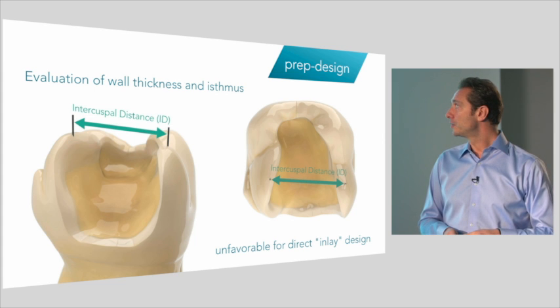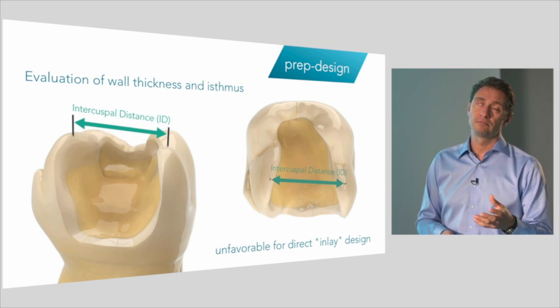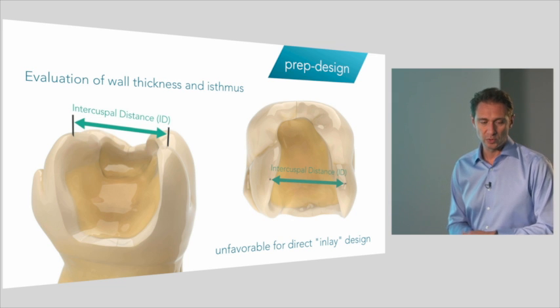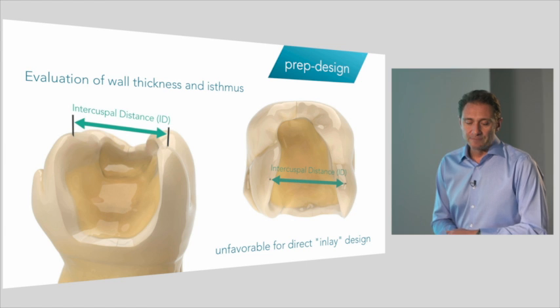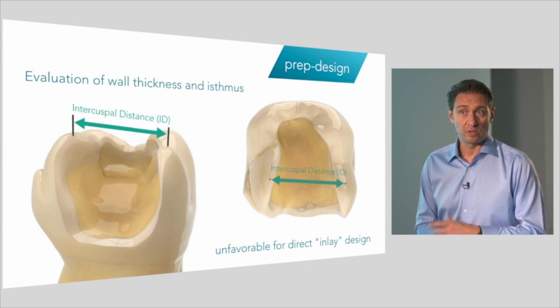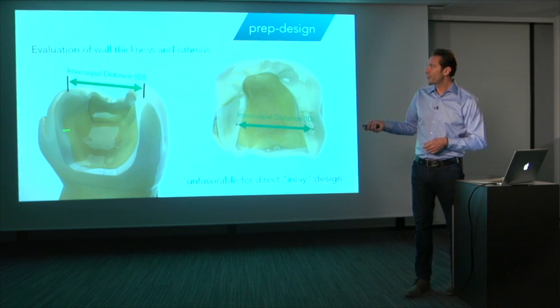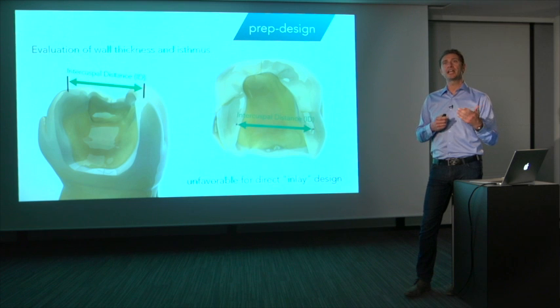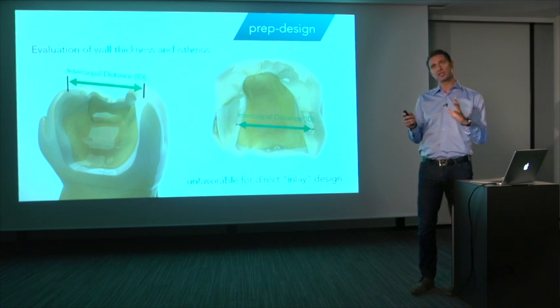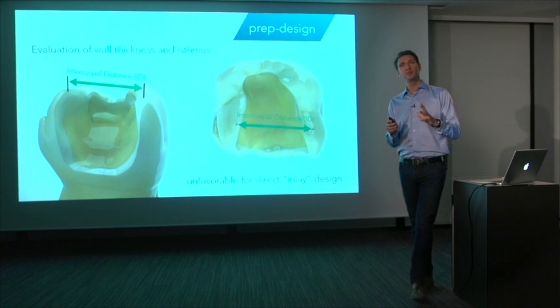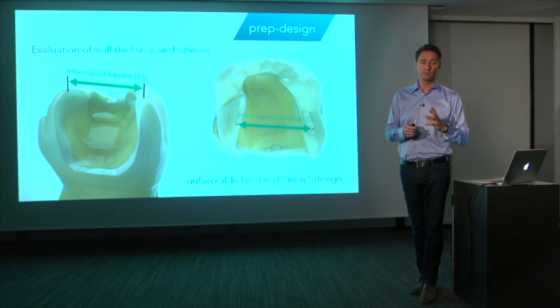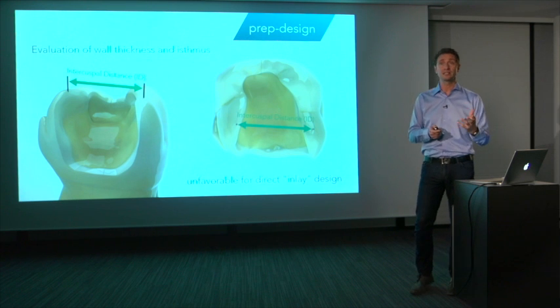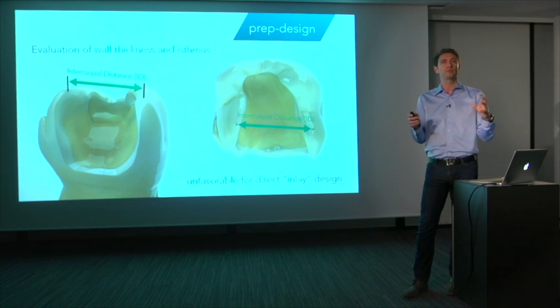And what we tend to do, of course, is take some risks, because since the wall thickness is not enough, loading and dynamic forces will create some fatigue within the cusps, and even with a bonded restoration, it will create a false sense of security that everything will be bonded together.